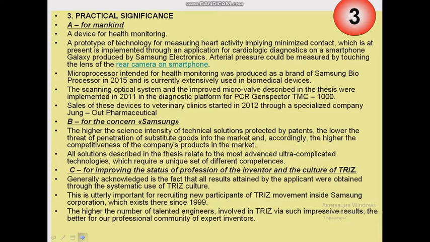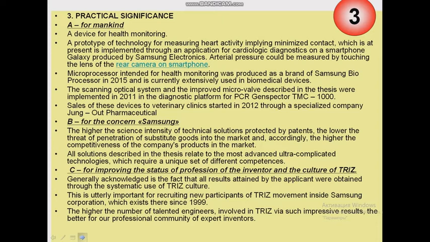The scanning optical system and improved microvalve described in the thesis were implemented in 2011 in the diagnostic platform for PCR, GenSpectre TMC 1000, which is the name of the device. Sales of the devices for veterinary clinics started in 2012 through a specialized company, Hyung Pharmaceutical.